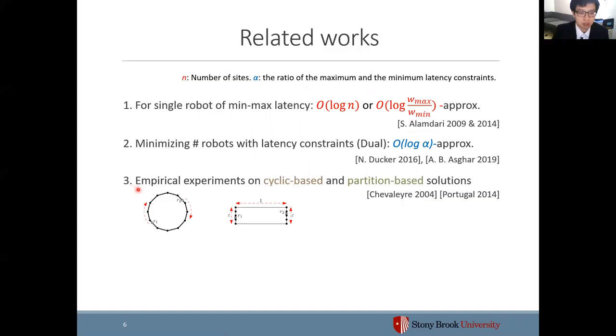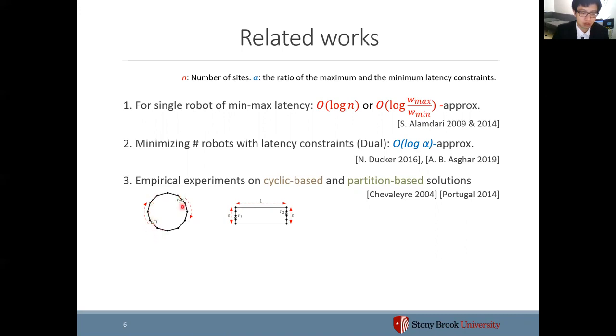In the robotics community, they talk about empirical experiments on cyclic-based and partition-based solutions. In the cyclic-based solution, if you have multiple agents, you first generate a tour among all the sites, and then you evenly place your robots on this tour and circulate.